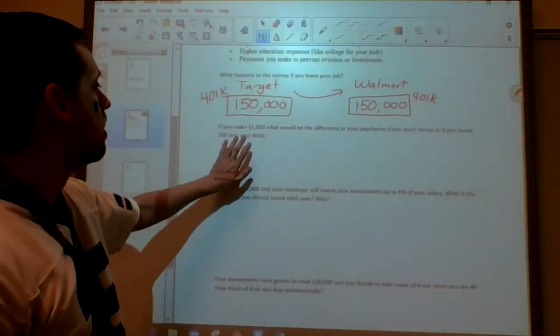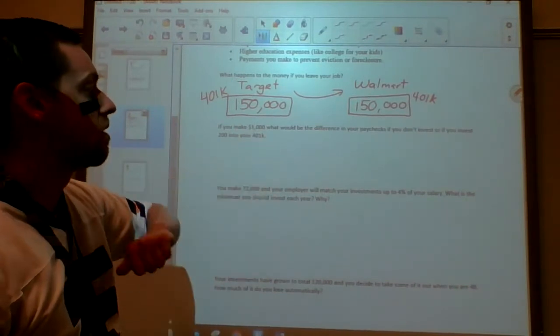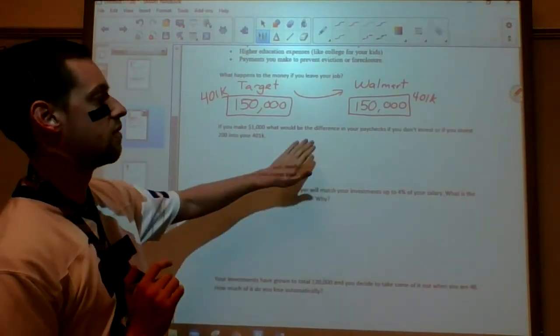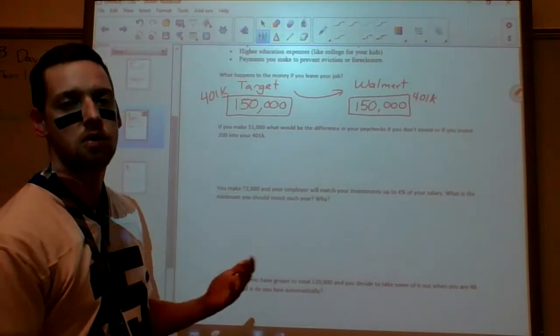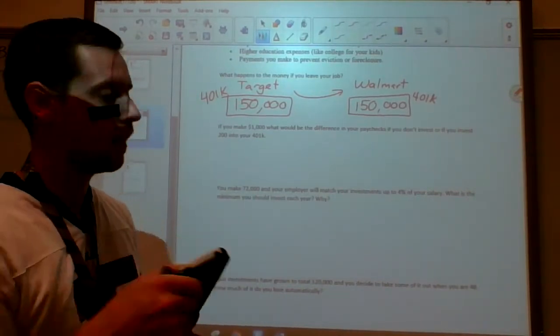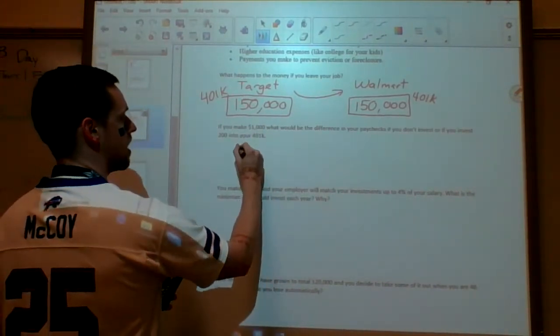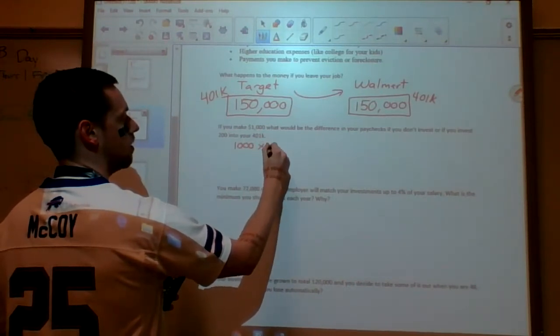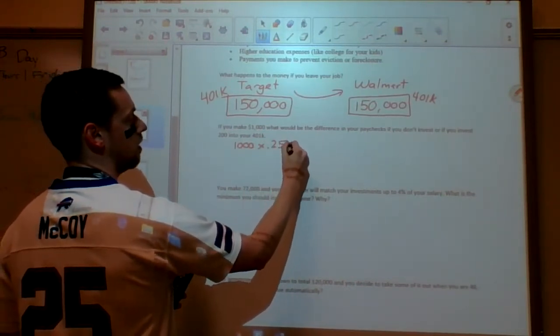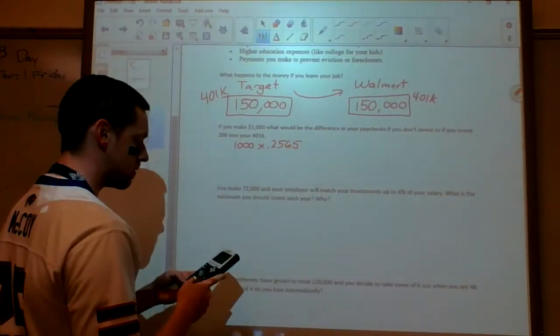Let's say you make $1,000. I want to see what the difference in your paychecks would be if you invest it or if you don't invest it. So let's say you have $1,000. Tax is going to happen, so I'm going to do times 0.2565.